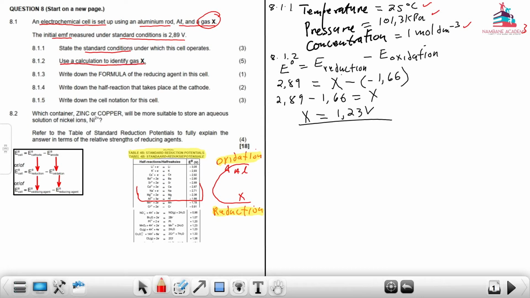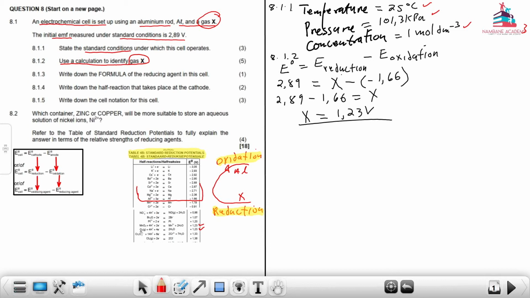They say use a calculation to identify X, which is a gas. So I have a table here. I have 1,23 there and 1,23 there. But when I check the one at the top, I don't have any other gas. Water can be in the form of water vapor, but I am not in a position of saying whether this is in a state of gas or not. Once I am not told, I cannot just assume.